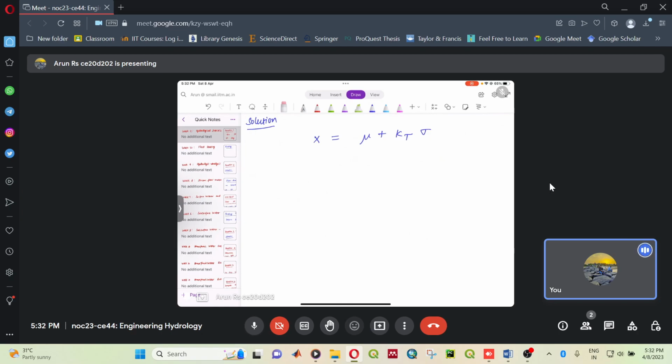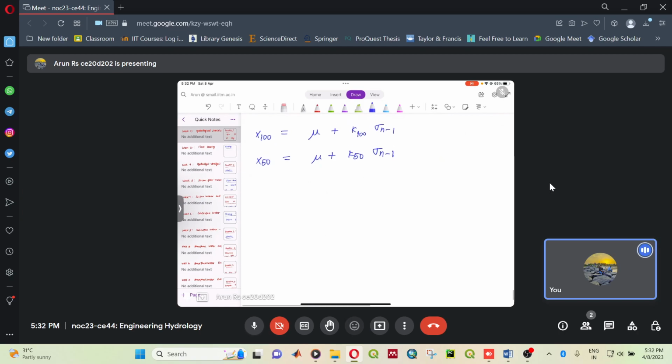One is x100, that is equal to mu plus K100 into sigma n minus 1. This is one condition. And for the 50-year return period also we can write the same, mu plus K50 into sigma n minus 1.